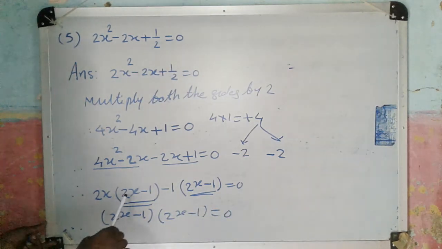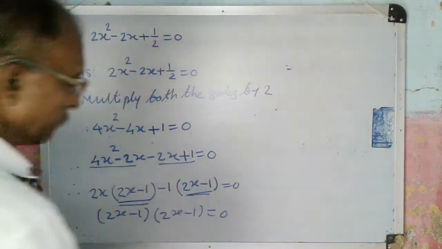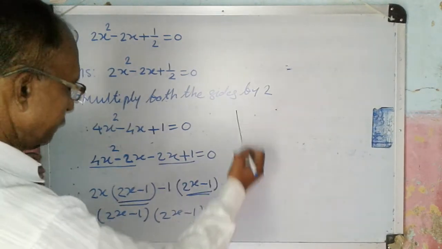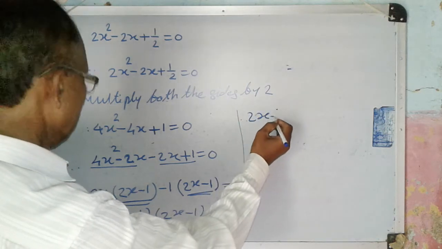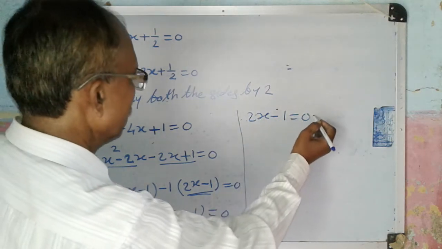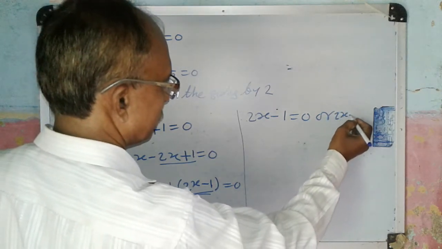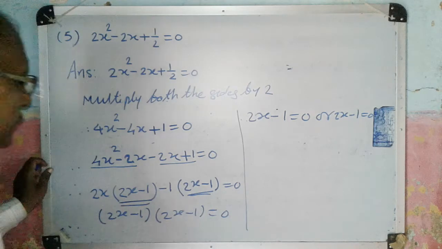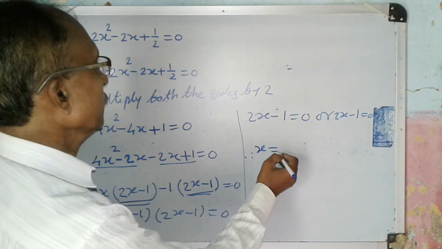So here we get, this is the common bracket 2x minus 1 into another bracket 2x minus 1 is equal to 0. So here 2x minus 1 is equal to 0 or 2x minus 1 is equal to 0.